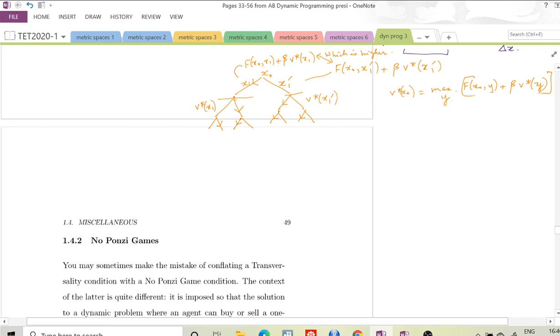So in other words, what are you doing? You're saying that if you're at an optimal plan, then there is no state where you can do better by just deviating from your chosen control or your chosen state there once. You can't do better by deviating once at x naught.